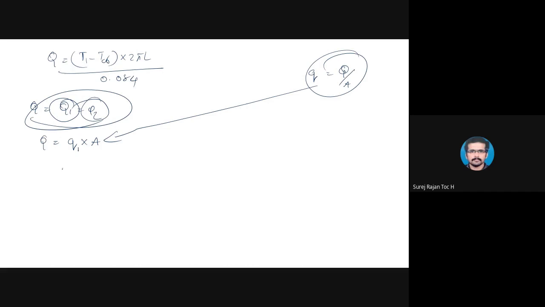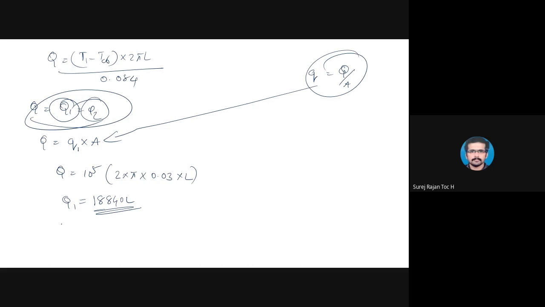So from that you will get Q1 is equal to 10 raised to 5, the heat flux given in the problem, into 2 into pi into 0.03 (R1) into L. From here you will get the value of Q1, which is 18,840 L. Okay, is it clear? Up to this mark it's clear, I think. Q1 is equal to 18,840 L.